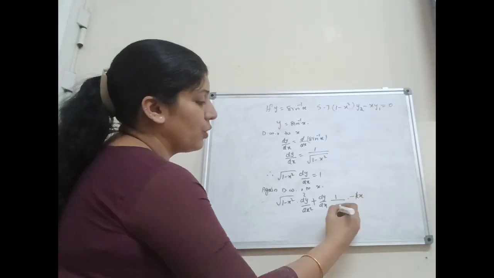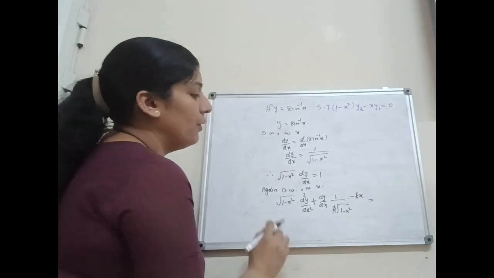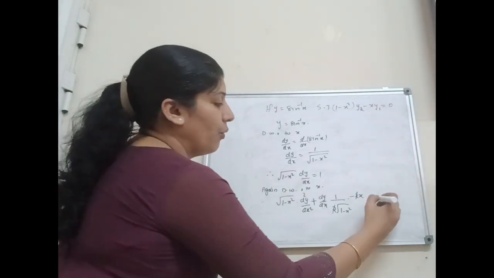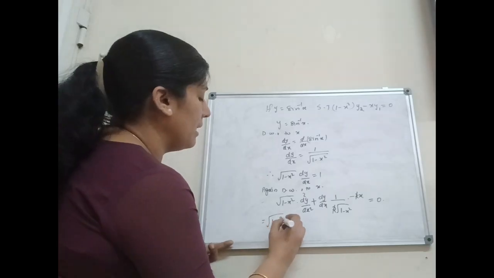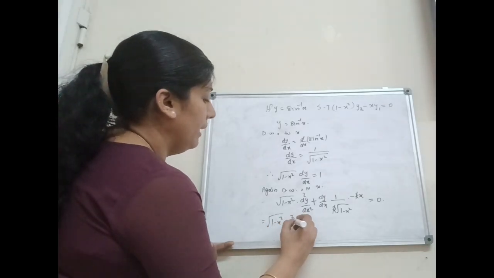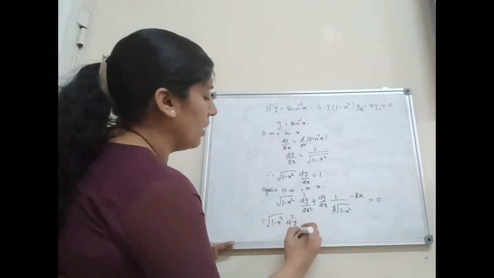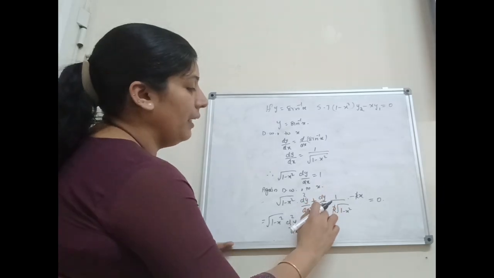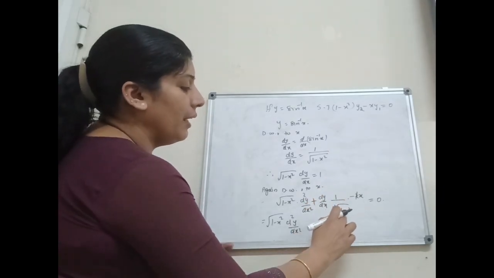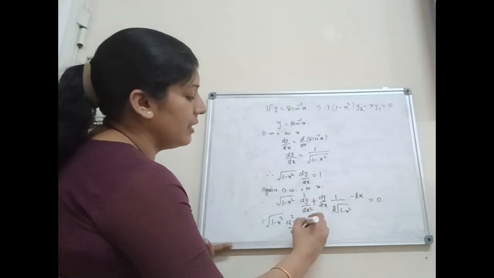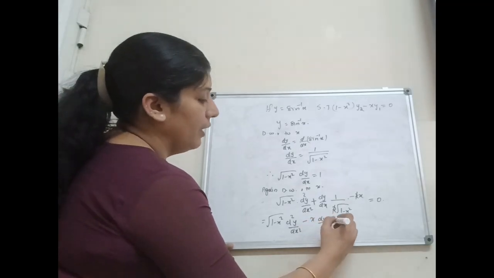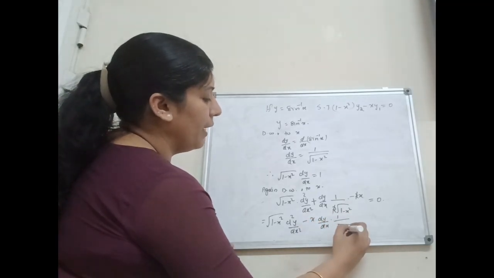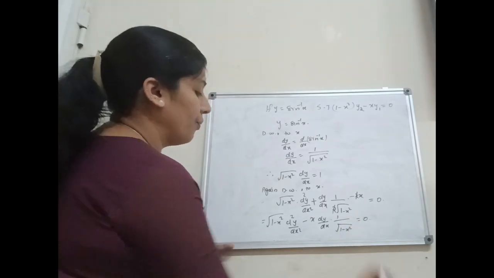Now here 2 cancelled, equal to d by dx of 1, that is 0. Therefore, it is equal to root of 1 minus x square into d square y by dx square. Next term, dy by dx into minus x divided by root of 1 minus x square. That is minus x into dy by dx into 1 by root of 1 minus x square equal to 0.